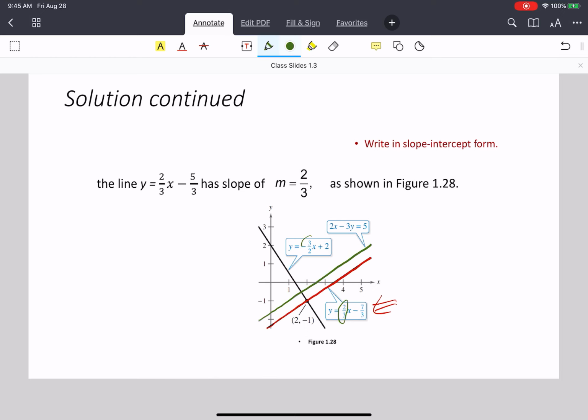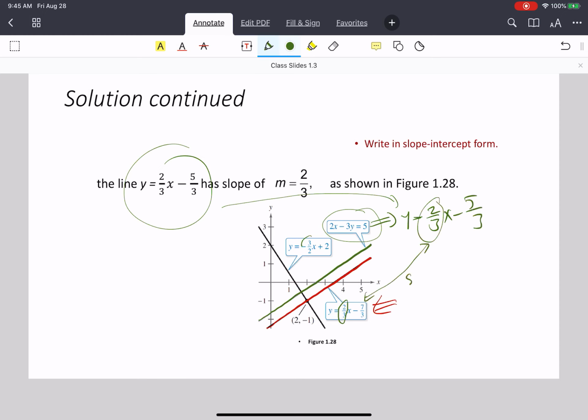The slope here is not explicit, but we know this line is the same thing as what I did here, because I converted that line into y equals 2/3 x minus 5 over 3. So these two lines have the same slope but different y-intercepts. Parallel lines always have the same slope but different y-intercepts.